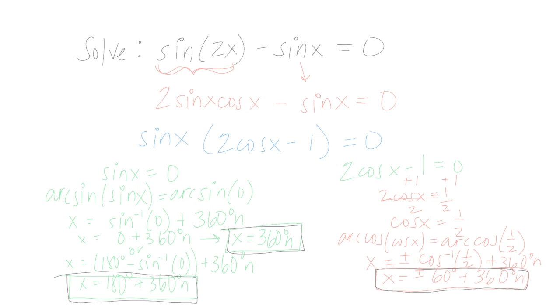Alright, notice that I could not have solved this if I did not make this substitution in the beginning. So when I need to use a double angle property to solve, I have to make this type of substitution in order to factor or get it to be the same type of argument, right?